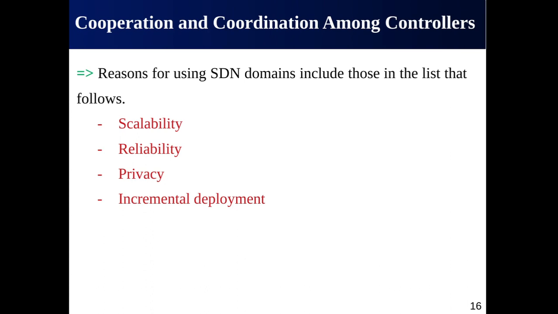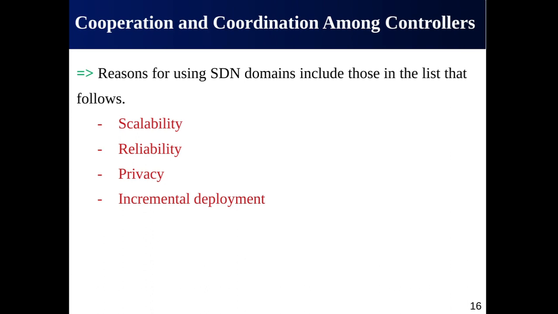As we know, dividing a network into multiple individual domains allows for more flexible incremental deployment. You have 4 domains, and then after some time the requirements change and you want to add another domain. That is going to be a flexible solution, an easy solution. So these are some of the advantages, or you can say the requirements or the reasons why we need more than one SDN controller.